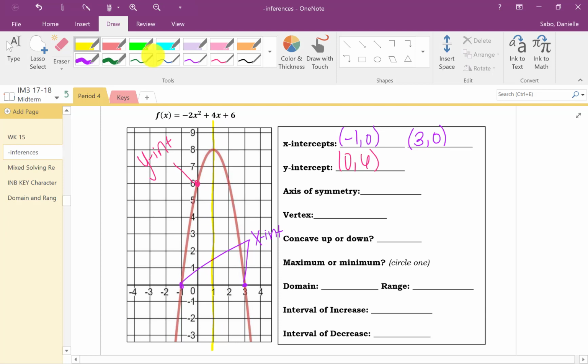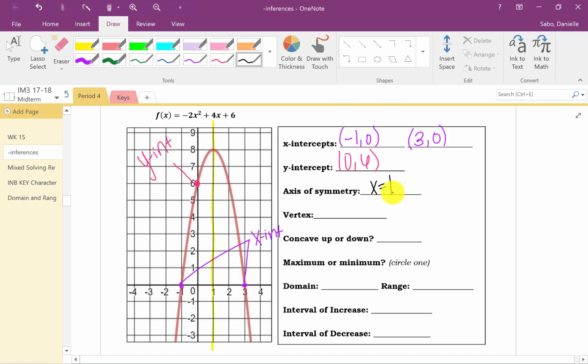So we are going to have x equals 1, because that's the line right there in yellow for our axis of symmetry. You have to write x equals because that's a line. The axis of symmetry is a line, it's not a point. If you just put 1, I would have no idea what you're talking about. You can be talking about 1, where on 1? It's the whole entire line.